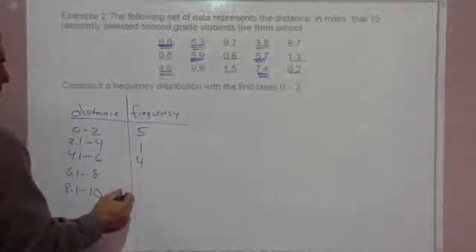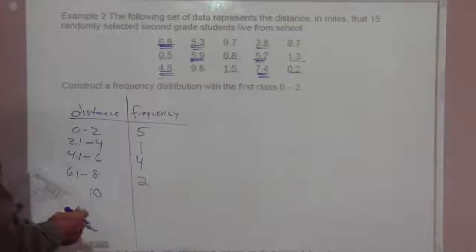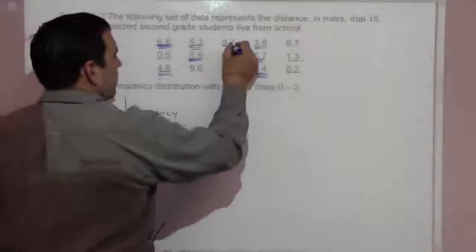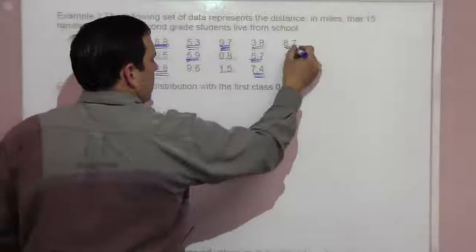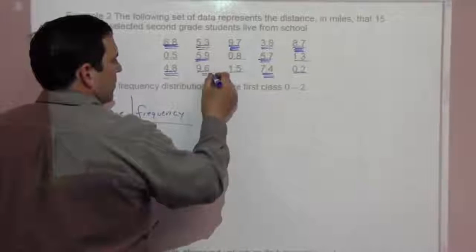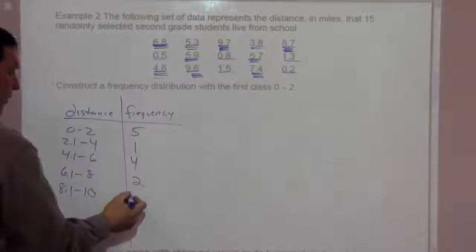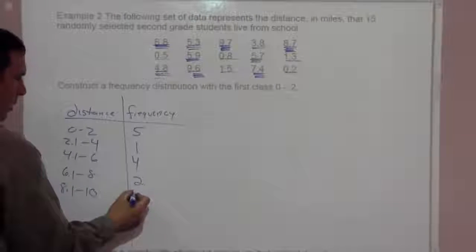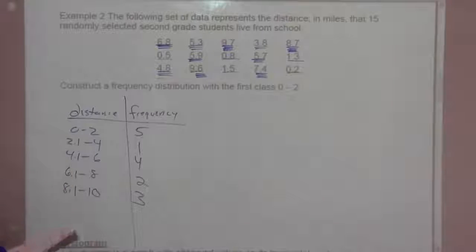There we go. Looks like 2 people in that category. And 8.1 to 10. People who are left, and that is going to be 3. 3 students in that category.